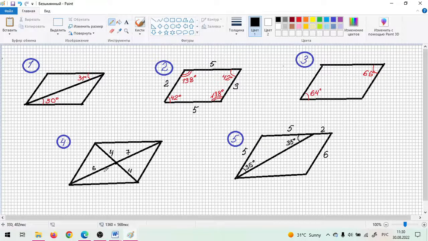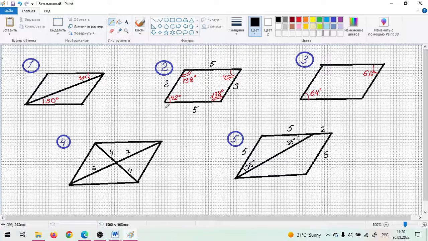You can see diagonals. They are bisected by the point of intersection, and these parts of diagonals must be equal. 4 and 4, 6 and 7, they differ. You can see. So it's an error.